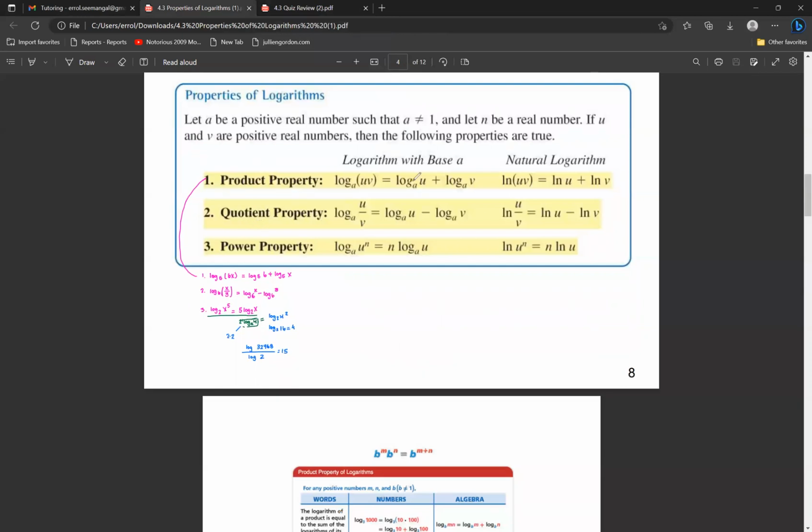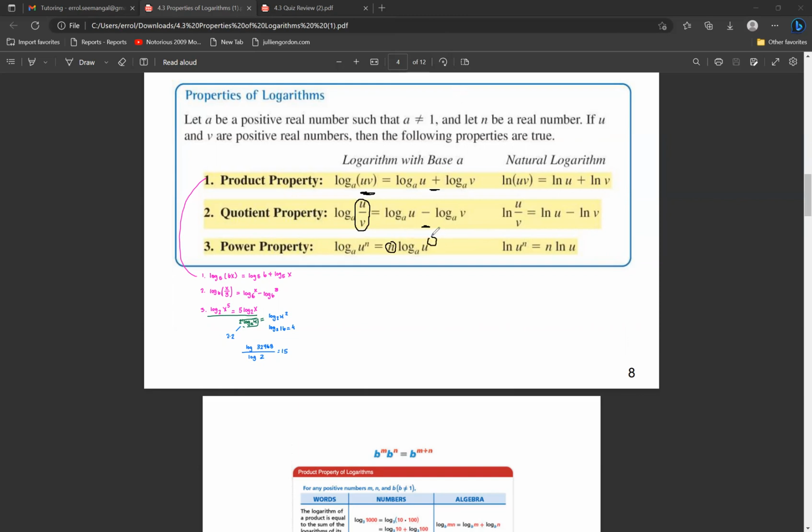So look, number 1, there's your addition, there's your multiplication. Product property. Quotient property, number 2, there's your minus sign, there's your division sign. And then actually we also used this one a minute ago too. If you have the n in the front here, it's the same thing as moving the n up to the exponent.